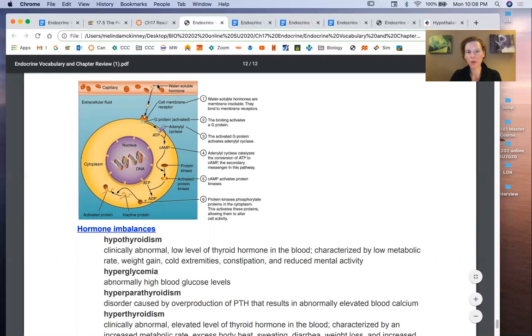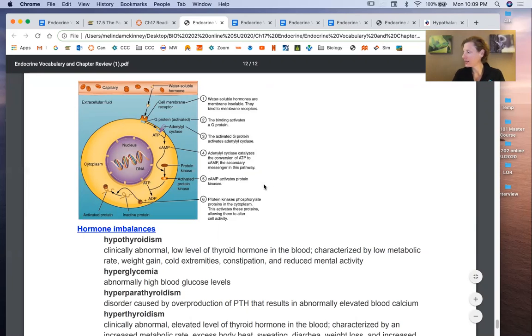So the water soluble hormone is going to bind to a receptor on the surface, activating a response inside of the cell. Some of the secondary messengers include cyclic AMP, which is shown here. You'll have a whole bunch of reactions happening, and then you have the cell response.